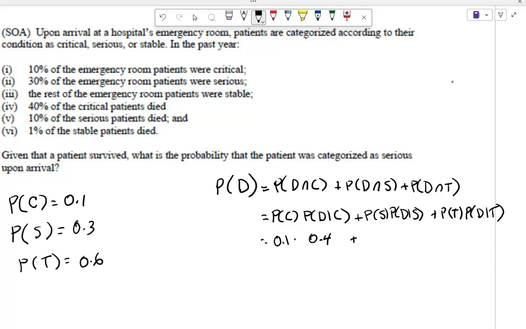Probability of serious is 0.3. Probability of death given serious is 0.1. Probability of stable is 0.6. Death given stable is 0.01. So 0.04 plus 0.03 is 0.07 plus 0.006 is 0.076.